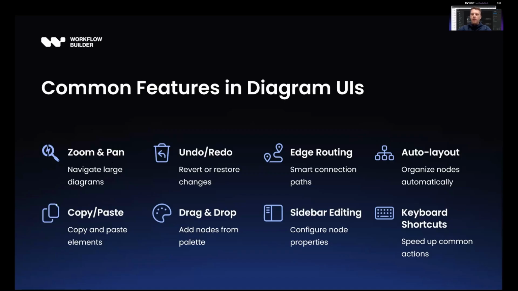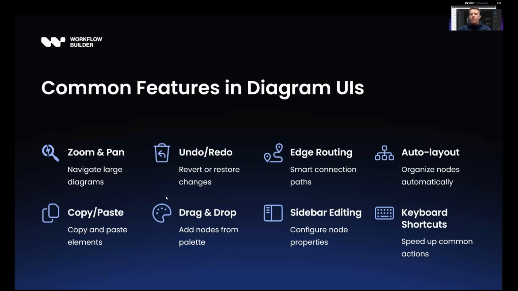Additionally, of course, you already saw that this is an interactive interface, so I would expect that it is possible to copy and paste objects around. When the user does some action, it would be great if the action could be undone or redone, so we don't have to redo that diagram from scratch if we break something.